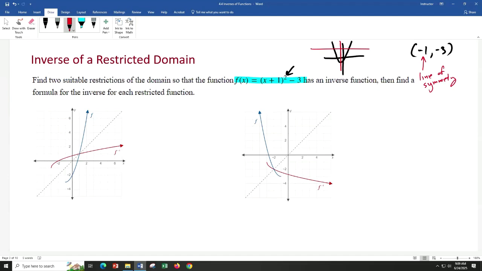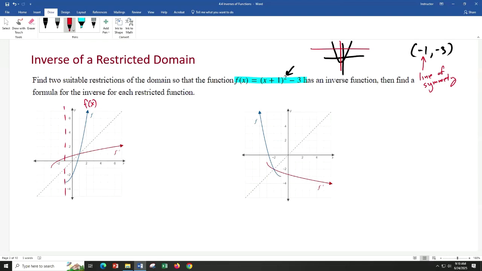I'm restricting the domain at the vertex. Instead of dealing with this whole parabola, this f of x, how about I just restrict it from -1 to infinity, and just deal with that side? And when I do, there is the graph of my inverse. It's only going to do that. Therefore, I have a function.